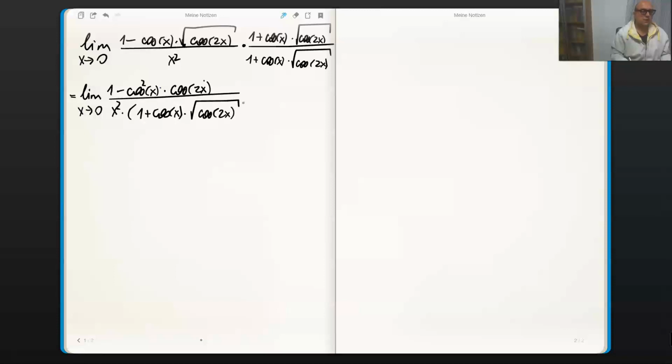And as you can see, we have no trouble at all with the cosine values as x runs against 0, because every time the cosine of 0 is considered, we are having 1, which is absolutely fine. In the denominator we have to do something about x squared.